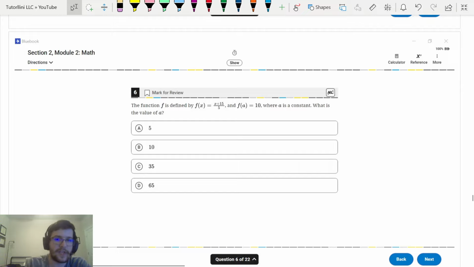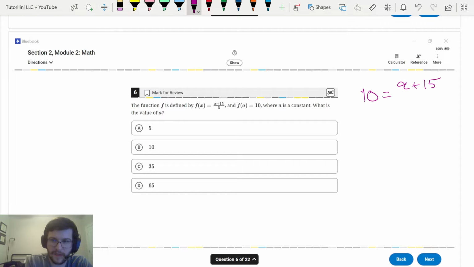Okay, I mean, you can use Desmos for this one too. But you could also just plug in A. So f of A equals 10, so y equals A plus 15 over 5. This is x and this is y.